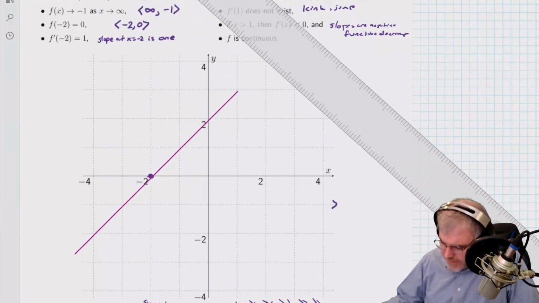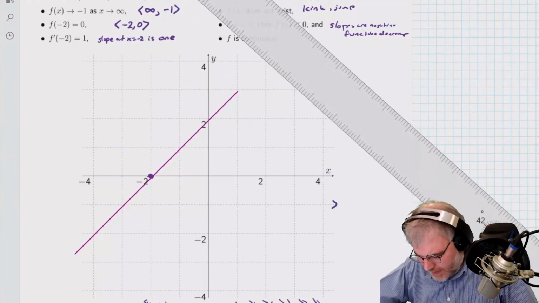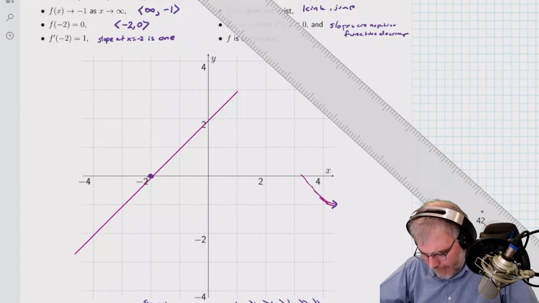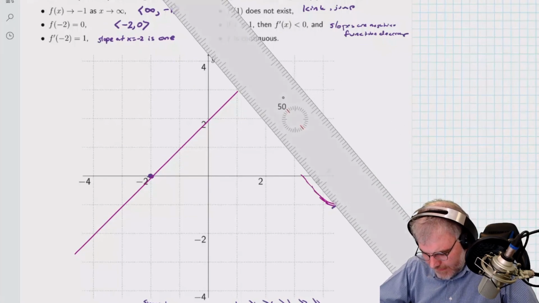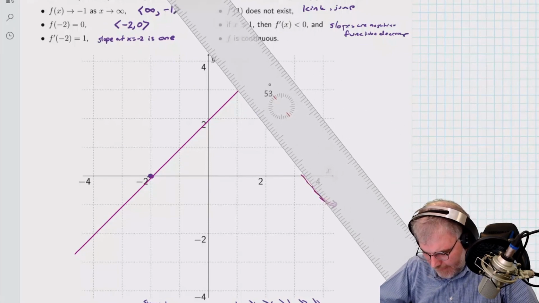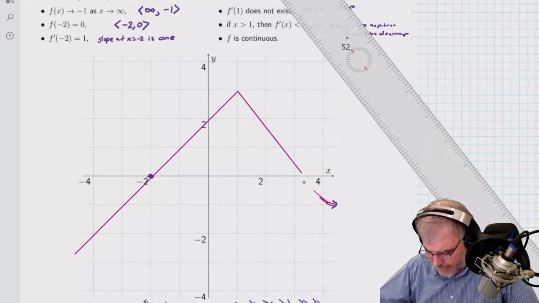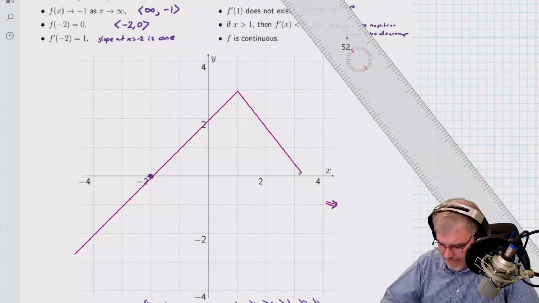Let's see. I need to do this, so I need to do something like this. Let's just have it come down this way. And I need it to be smooth because I need it to be differentiable.